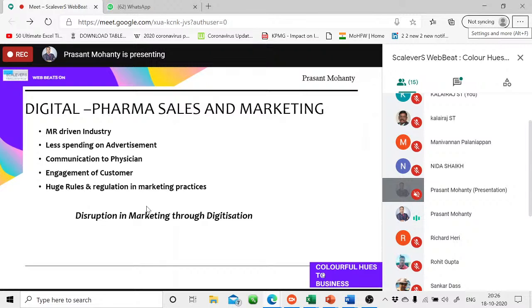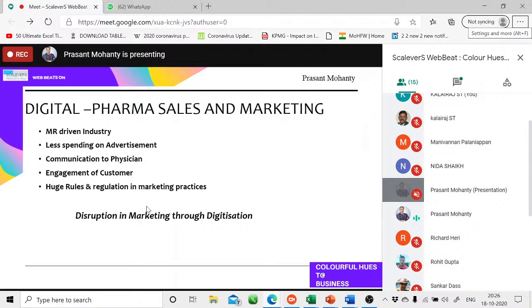Of course, it is not that the industry doesn't want to spend, but we have a lot of restrictions. We follow a lot of rules and regulations. It's a regulated industry, as all of us know. Compared to FMCG, which is free to advertise anything anywhere, that's not the case with pharma.